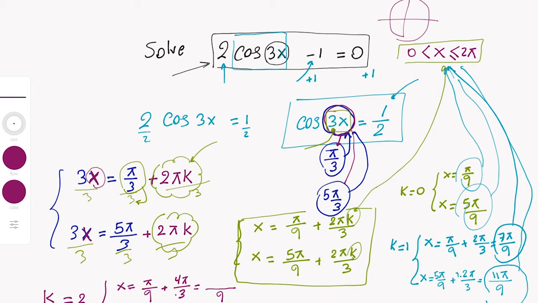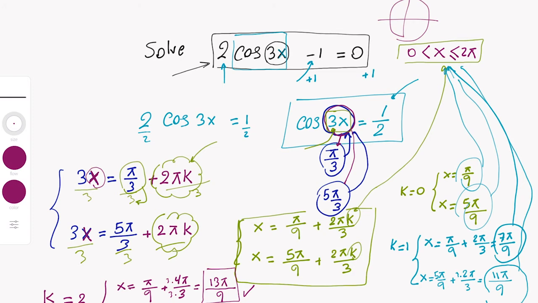If you multiply this by 3, you get 12, you get 13 pi over 9, which is 3 times 4, 12. 13 pi over 9 also is less than 2 pi. So we also accept this as well.